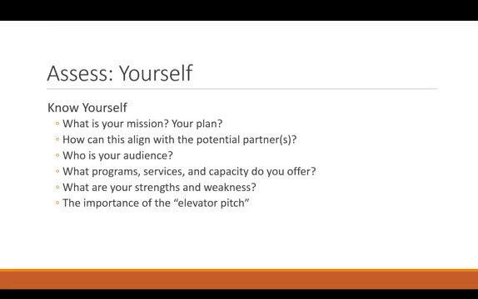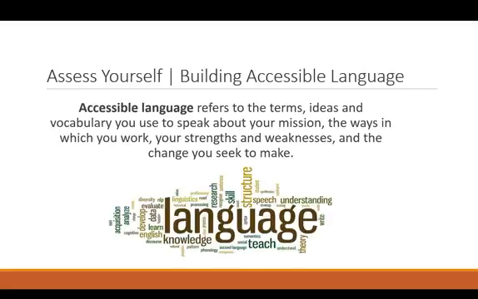So ultimately, what I'm talking about here is the importance of your elevator pitch and what is the language that you're using to communicate out to your audience. And so we'll talk a little bit more about that in detail. And that's where it goes to building your accessible language. So that elevator pitch, I mean, the real term there is your accessible language.